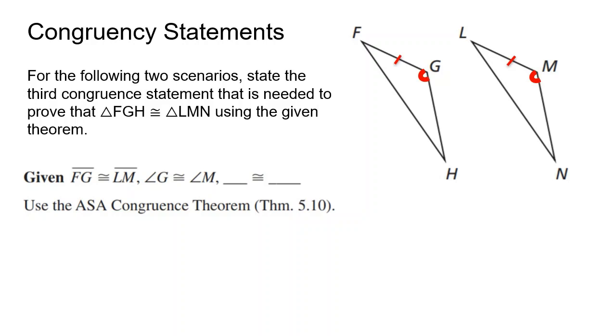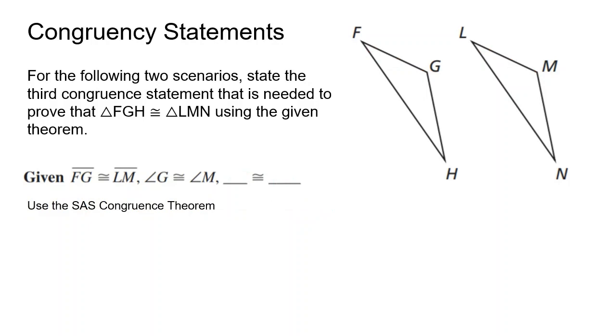So in this case, since N and H, those angles are not going to allow that side to be in between the angles. The one that we need is going to be the same thing we had last time, angle F and angle L. Those would need to be congruent in order to prove that these 2 triangles are congruent with the angle-side-angle theorem.